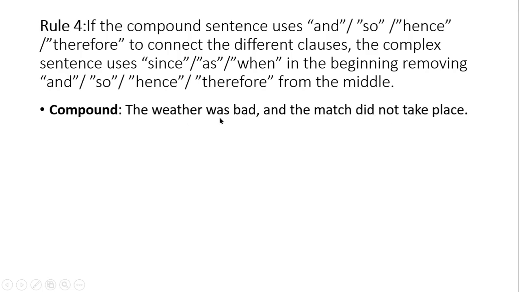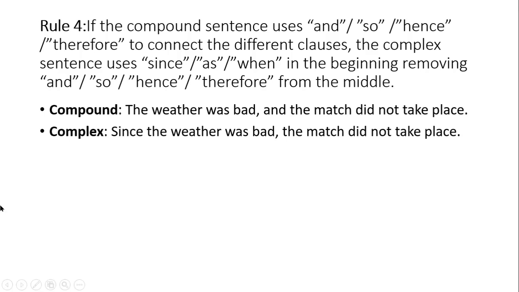So the weather was bad. This is the reason for the match not taking place. So that's why here we have used and. In this type of case, we have to use since, as, or when. Okay, so since, and after that we are going to write down this first clause. Since the weather was bad, the match did not take place.